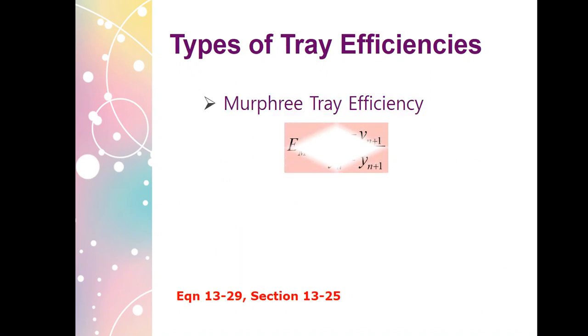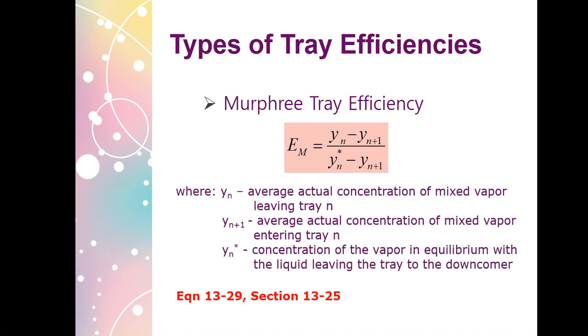Then we have the Murphree tray efficiency, and the formula you could see there. Now, it will be using the y sub n, the y sub n plus 1, and the y sub n asterisk. We know it's the y sub n because it's the mole fraction of the vapor leaving tray n. That's our representation: the average actual concentration of the vapor leaving tray n.